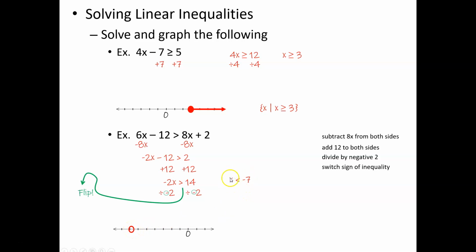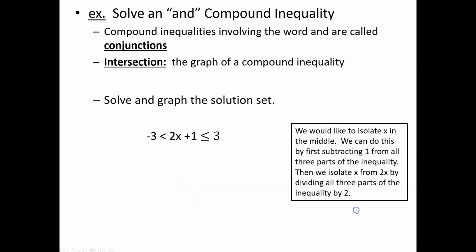So we are looking for numbers less than -7. So is -6 less than -7, or is -8 less than -7? -8 is less than -7, so our line is going to go that way. And we write it in set builder notation, x such that x is less than -7.